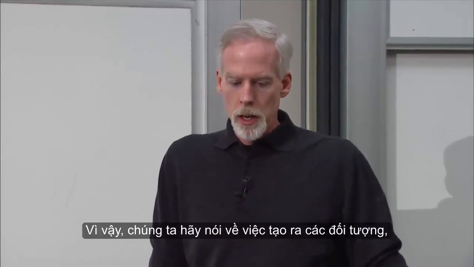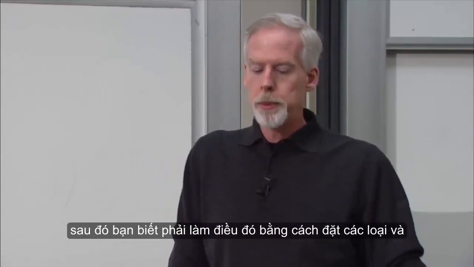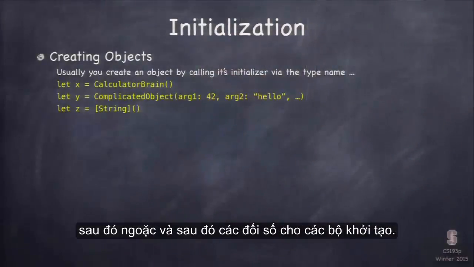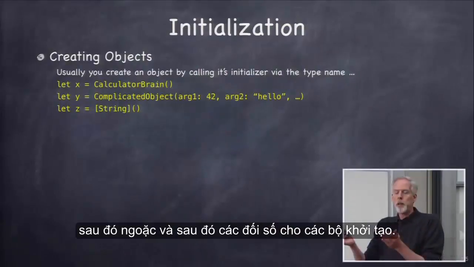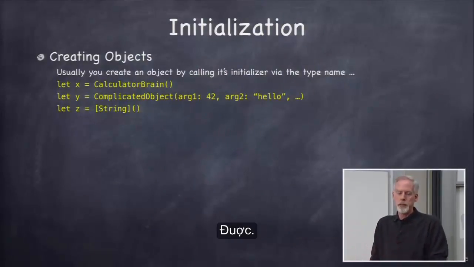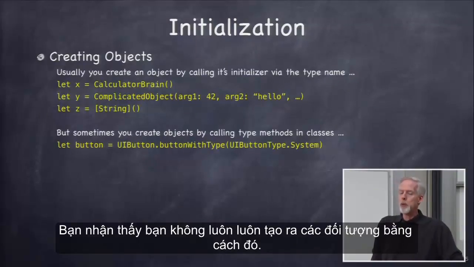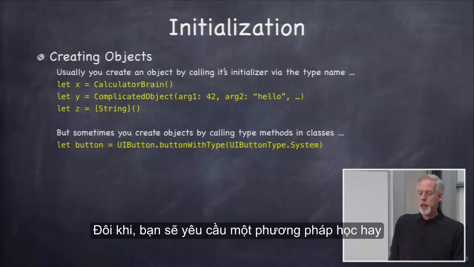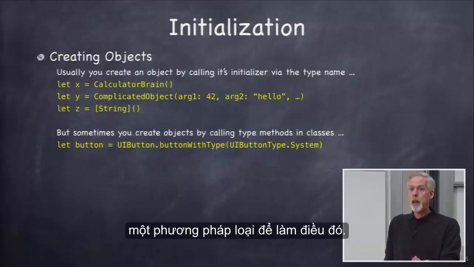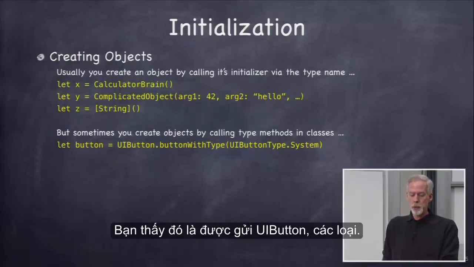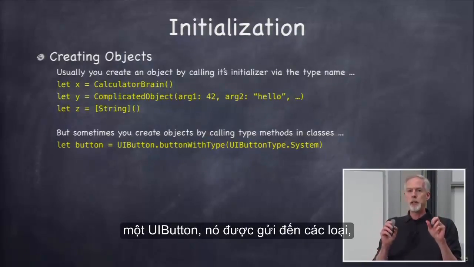Okay, so let's talk about creating objects then. You know to do it by putting the type and then parentheses and then the arguments to the initializer. It's completely obvious there. You notice you don't always create objects by doing that. Sometimes you will ask a class method or a type method to do it. So here's one, button with type. You see that's being sent to UIButton, the type. It's not being sent to a UIButton.